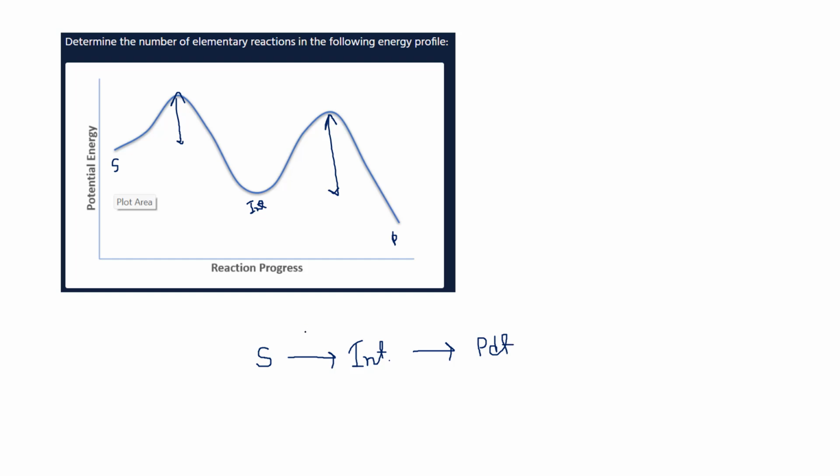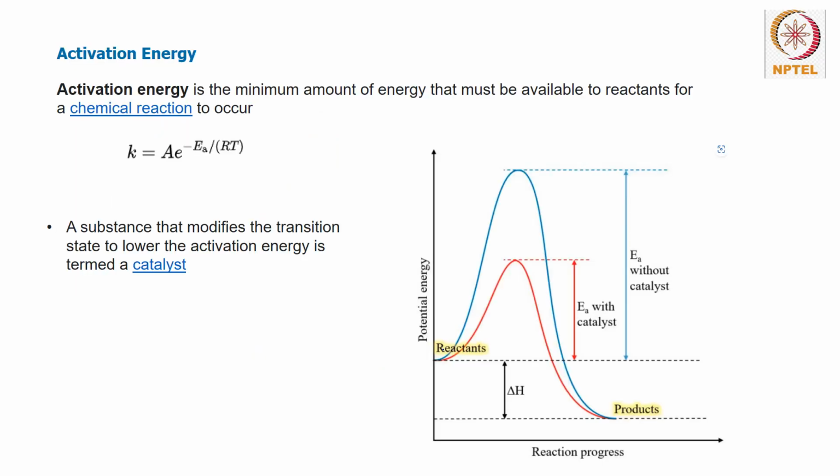As this needs less energy and this needs more energy, obviously this step will be fast and this step will be slow. Okay, understood? I hope it's clear. So next is activation energy.